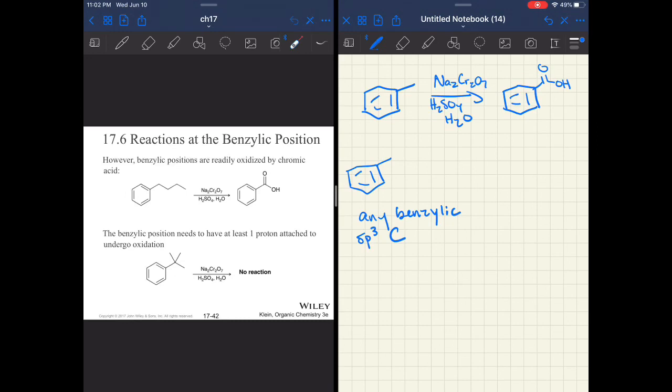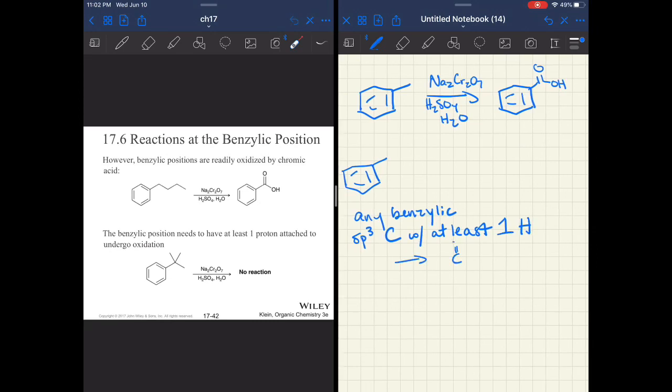But if you have a benzylic carbon and it's sp3 hybridized with at least one hydrogen, it will convert to a carboxylic acid. So you see the example over here. You have a butyl group. You could have an isopropyl group. It has at least one hydrogen.